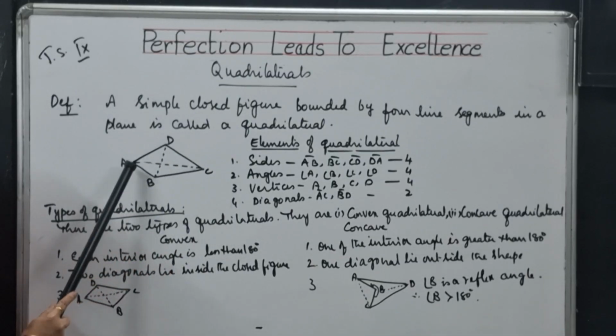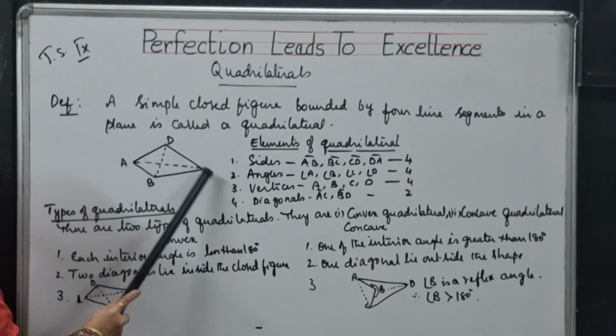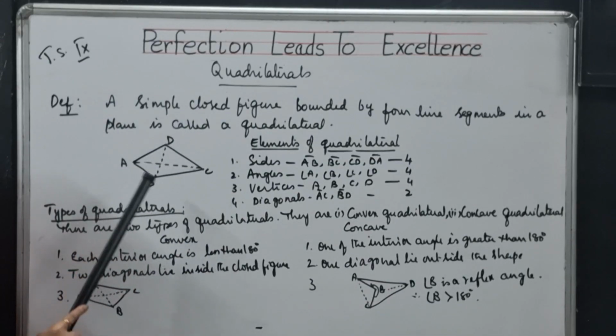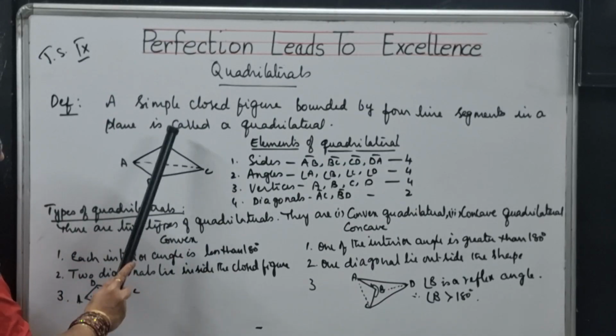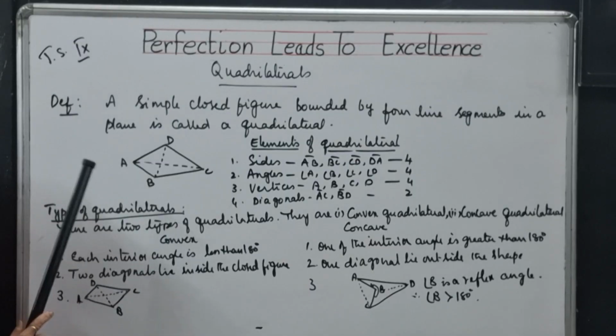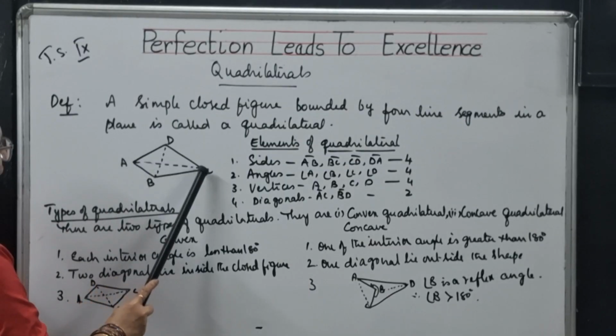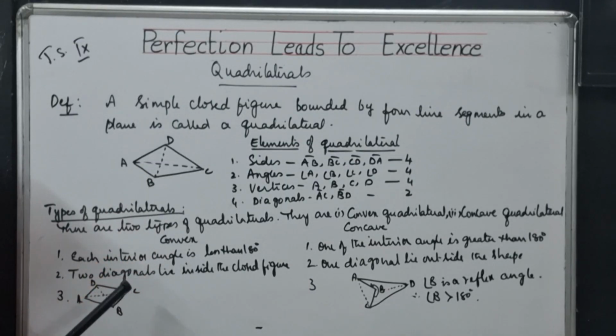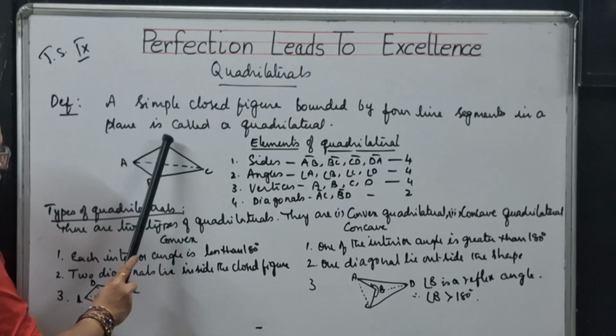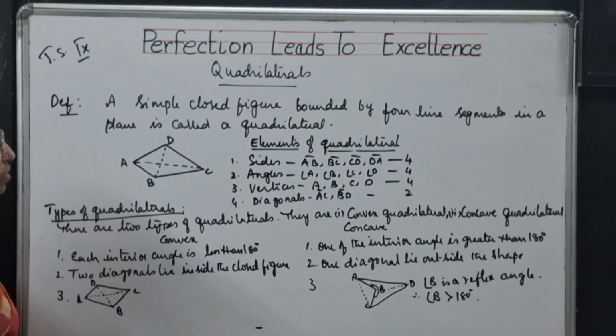Angles: angle A, angle B, angle C, angle D. Four angles. Vertices A, B, C, D are the vertices. Apart from this, if you join A and C, it is one diagonal. If you join B and D, it is another diagonal. So it has two diagonals.